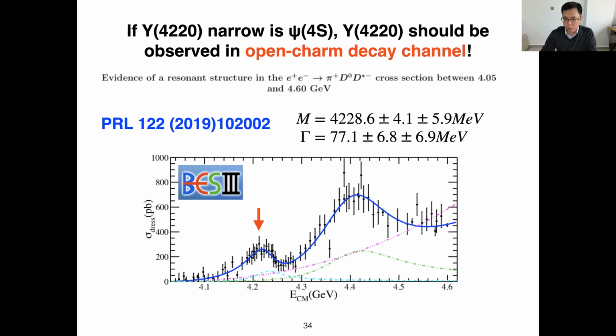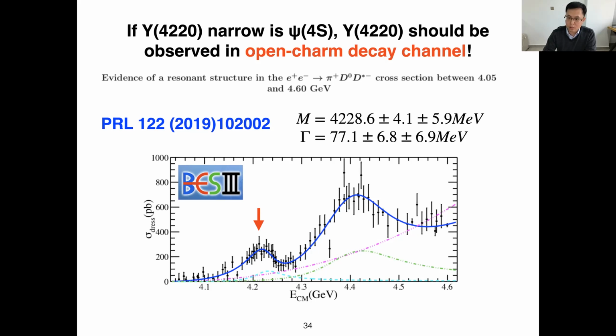Fortunately, we found an interesting paper from BESIII in 2019. In this paper, they analyze the e+ e- to pi+ D0 and D*- process. You can notice that there exists a peak around 4.2 GeV.